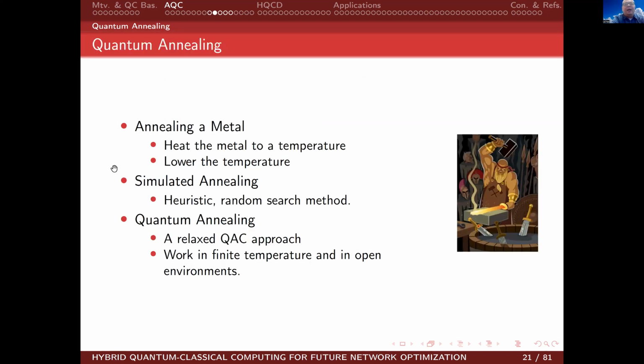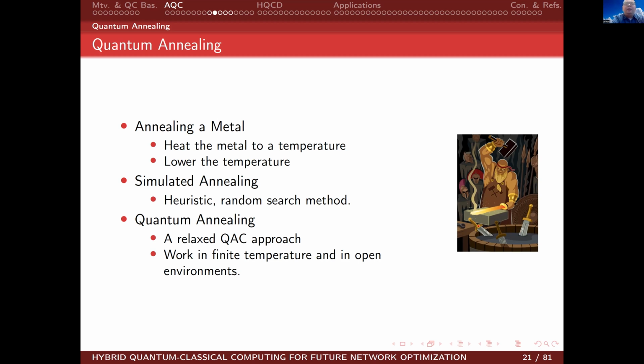This idea is similar to the classical simulated annealing algorithm. We heat the metal to a high temperature, then it cools down to a low temperature. The classical simulated annealing algorithm is a heuristic algorithm, and it's a random search method.